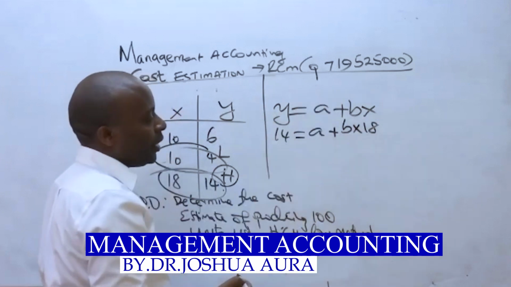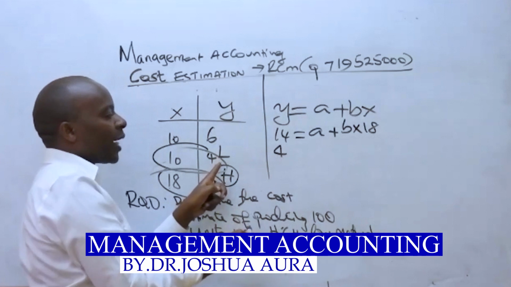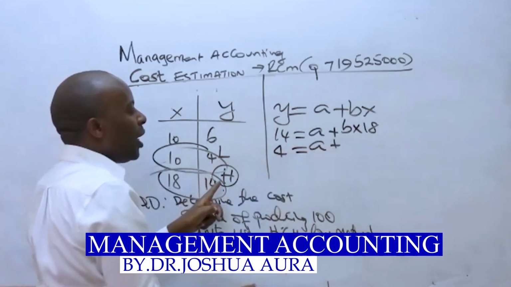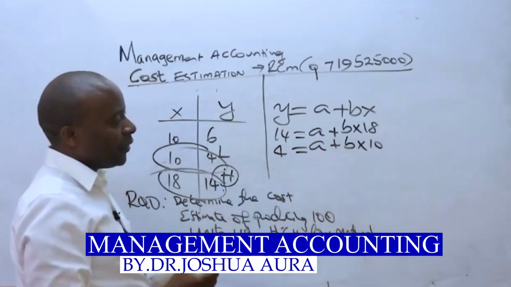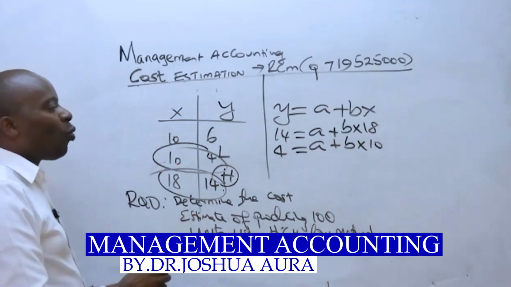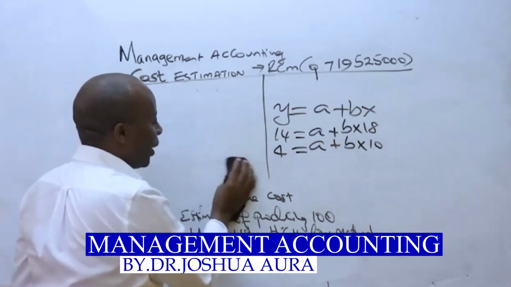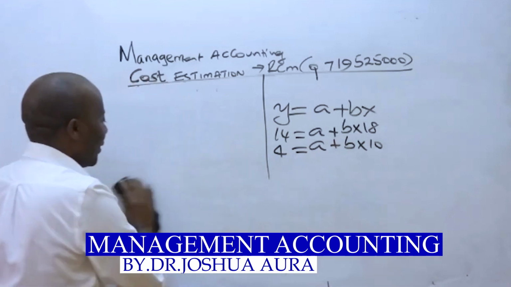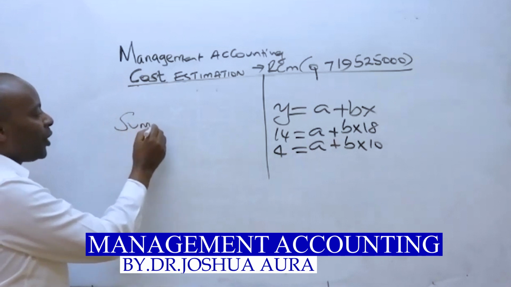And then we have the lowest point, whose y I can see is 4, equals a plus b times 10. So once I have that, my work will be quite easy, because I'll come and do my summary as usual.